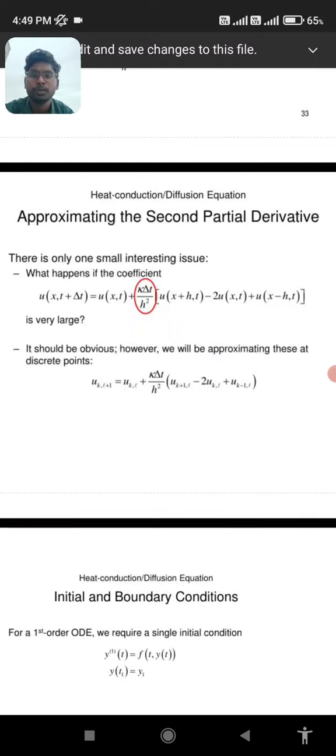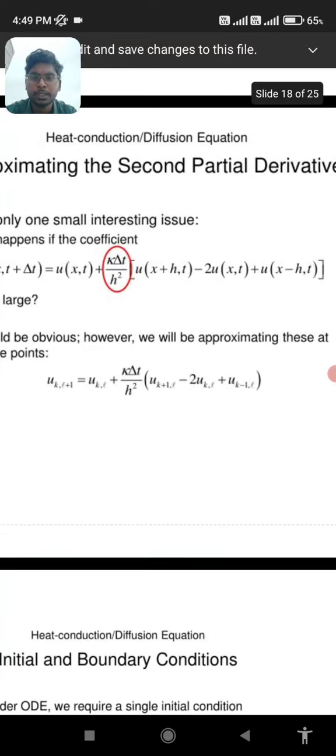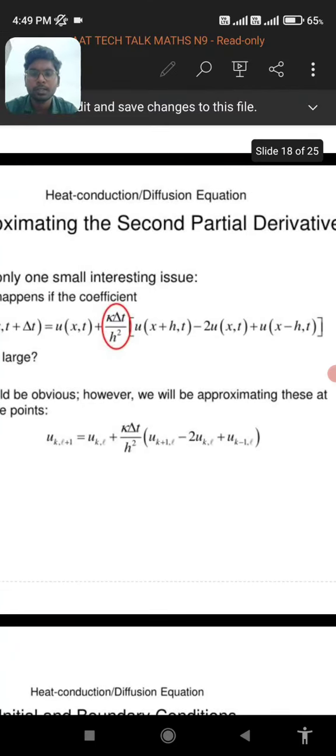However, we will be approximating these at discrete points: u(k,l+1) = u(k,l) + (kΔt/h²)[u(k+1,l) − 2u(k,l) + u(k−1,l)].